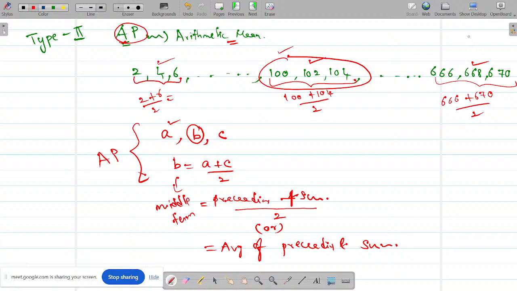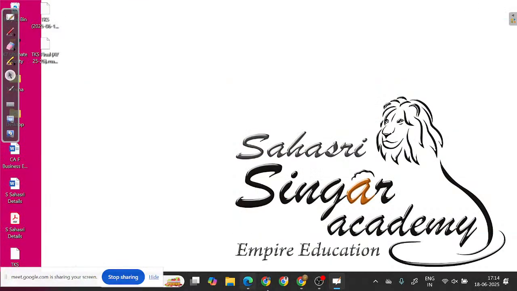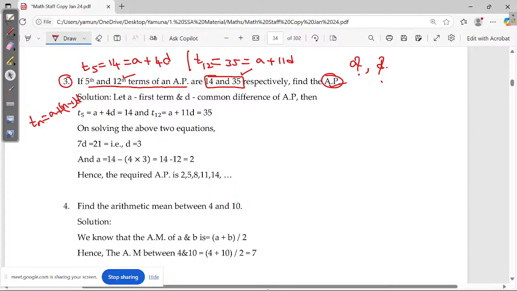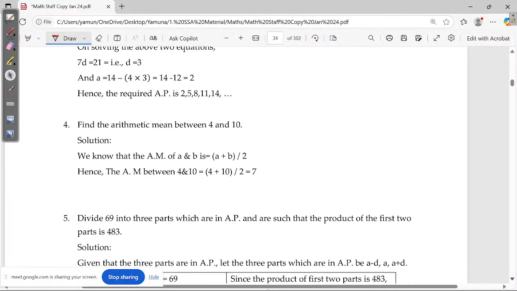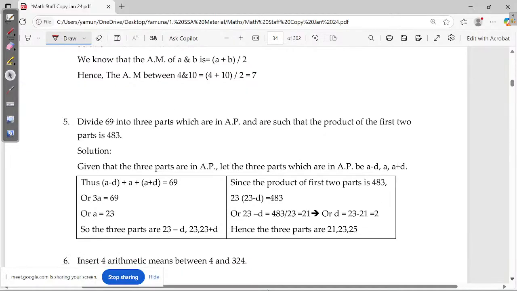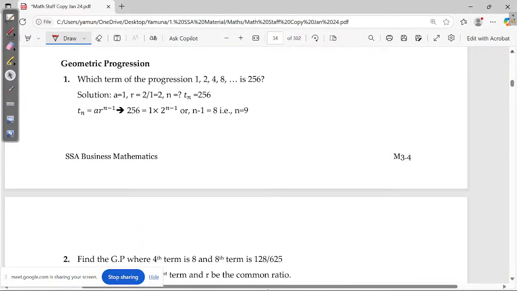The fourth problem and the sixth problem. No, no, no, the same arithmetic progression. The page number is 3.4.